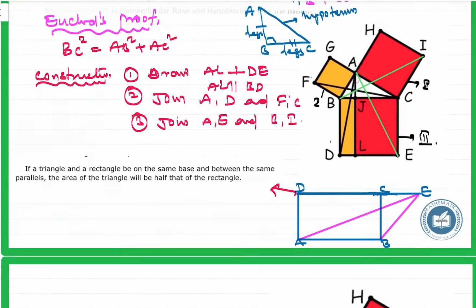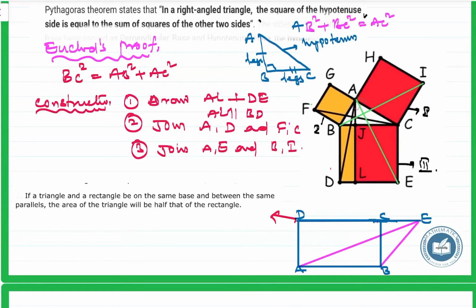If a triangle and a rectangle are on the same base AB and between the same parallel lines AB and DE, then the area of the triangle is half of the area of the rectangle.